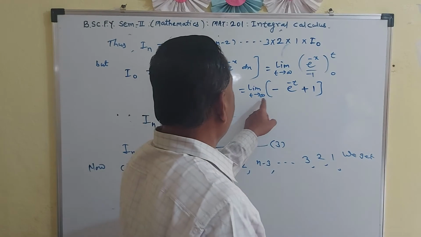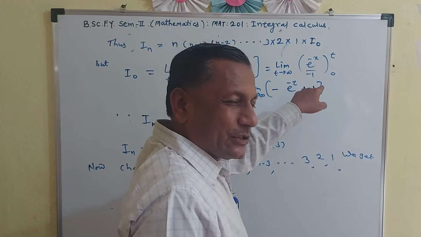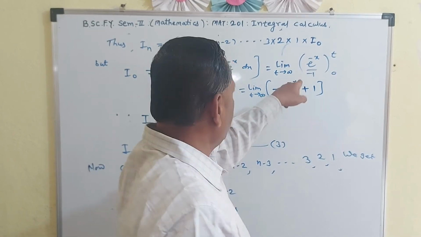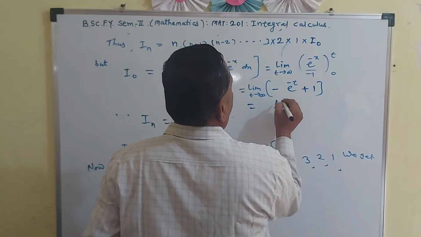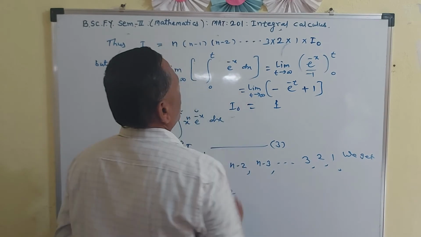But limit as t tends to infinity of 1 upon e raised to infinity, 1 upon infinity means 0. So it is equal to 1. So I0 is equal to 1.